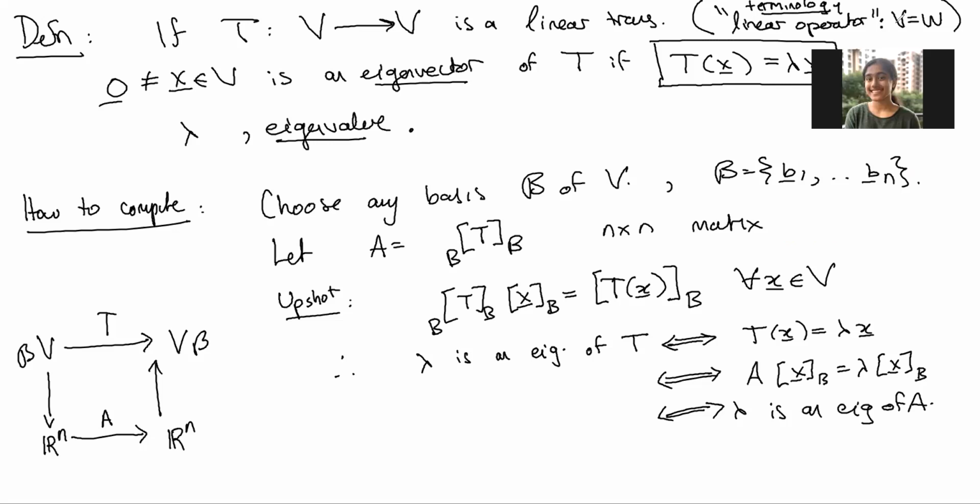So is this the same idea as before, except now, instead of finding an eigenvalue for a specific vector, we're finding an eigenvalue for a change of coordinates basis? No, we're not finding an eigenvector for a change of coordinates matrix. We're finding an eigenvector for the matrix of a linear transformation.